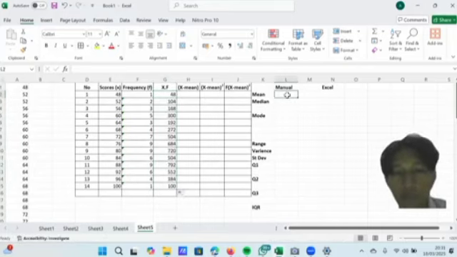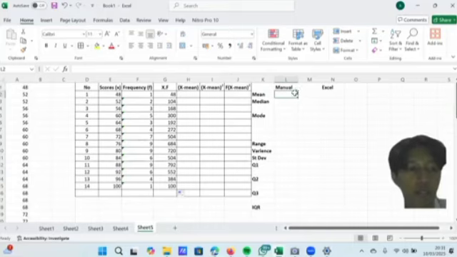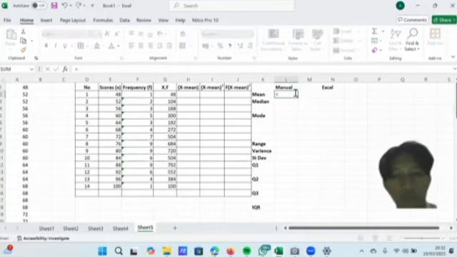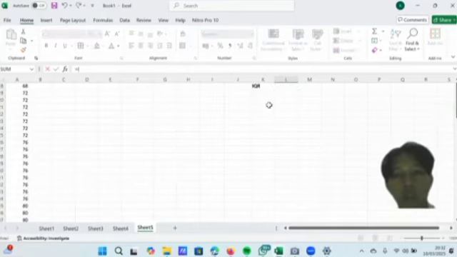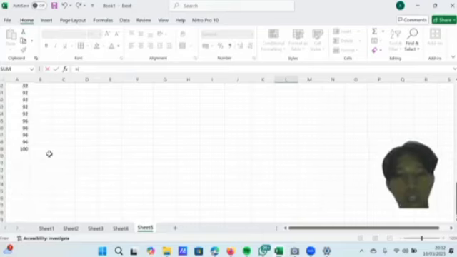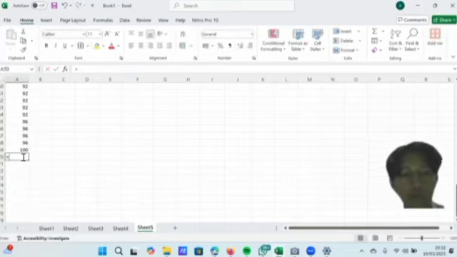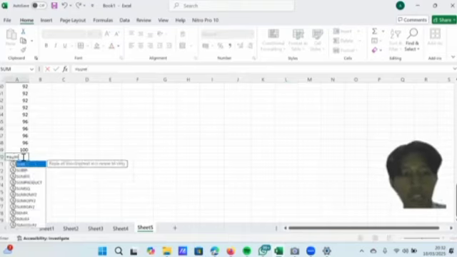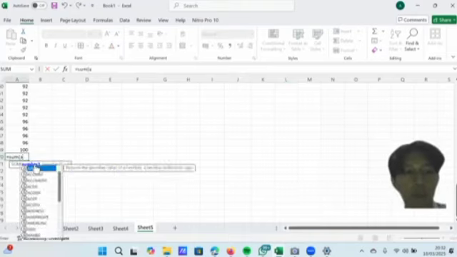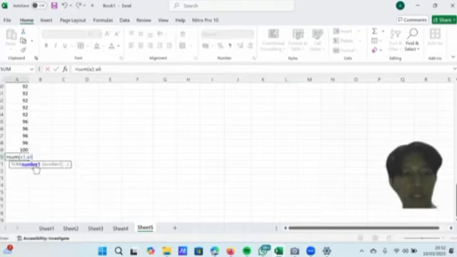After that, we're going to search for the mean, which is equal to the sum of the data divided by the amount of the data. Oh, we need to summarize first. Summarize with sum, and then the amount of the data, and then enter.